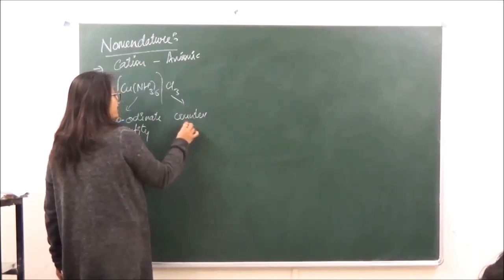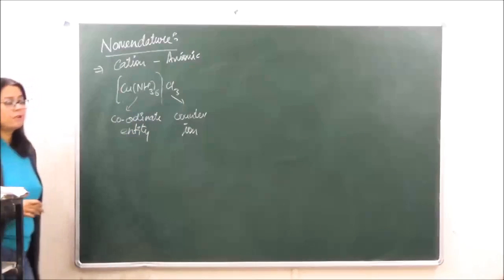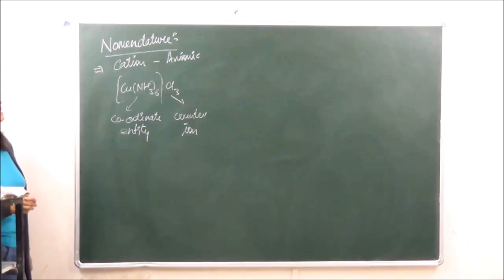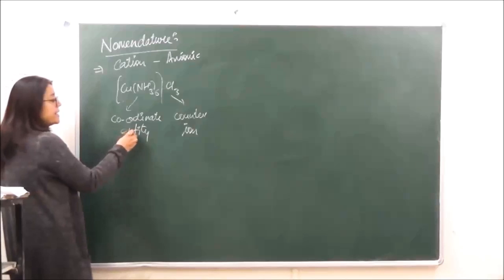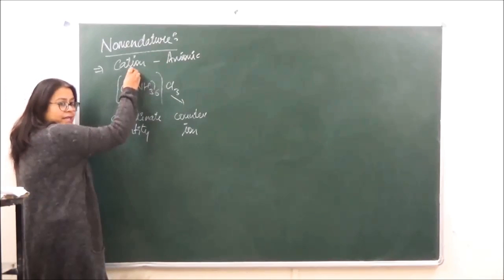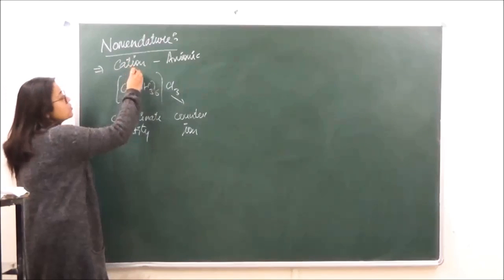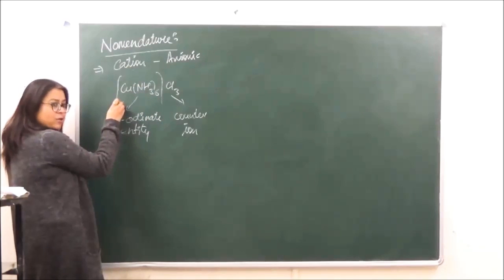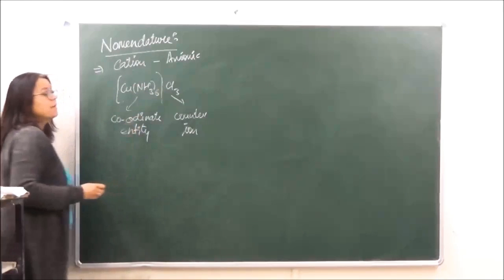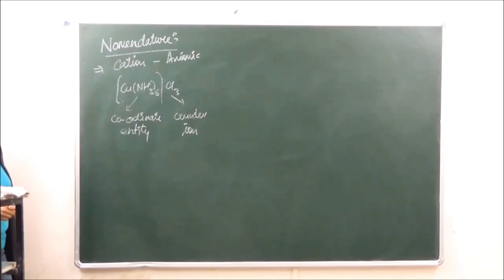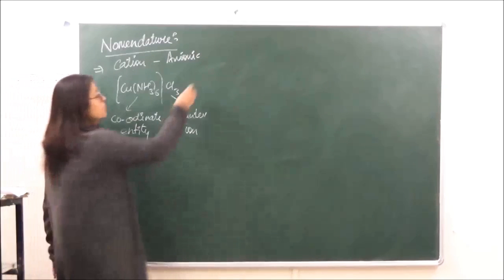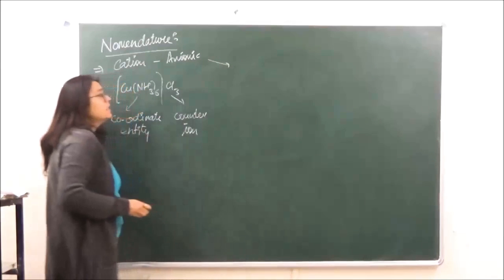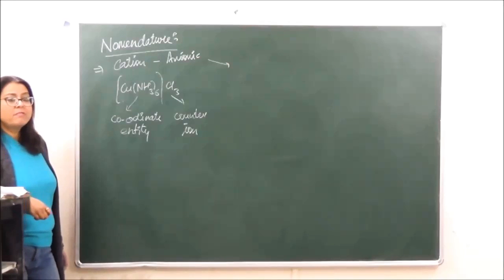If the coordinate entity is written first, it means that the coordinate entity is cationic in nature. So you will first name the coordinate entity, then you will name the counter ion. In anionic species, what will happen? The counter ion will be written first.